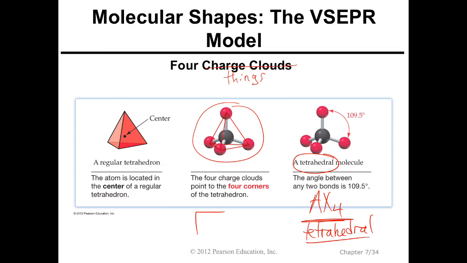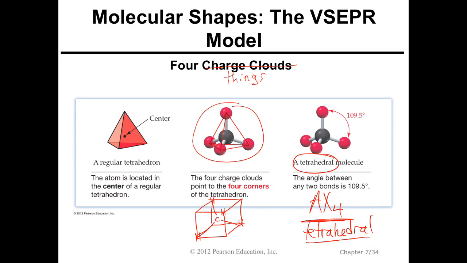Another way that some books will describe it, with my limited artistic ability here, is if you have, let's say, carbon in the middle of a cube, and the hydrogens are on alternate corners.